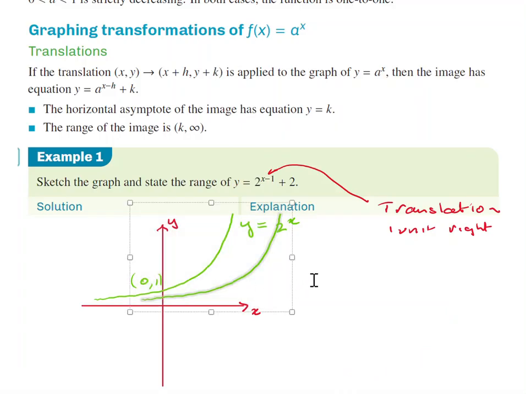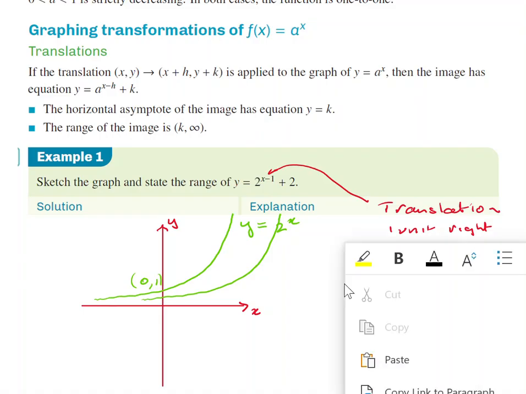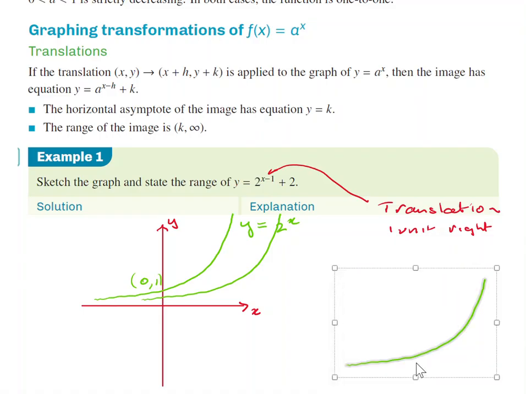If I paste that again, I should be able to then move that up. How far are we moving up? 2 units. So I've said that's 1, so obviously that's got to go up to 3, moving that up vertically.